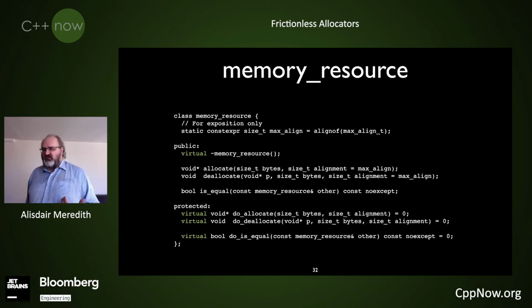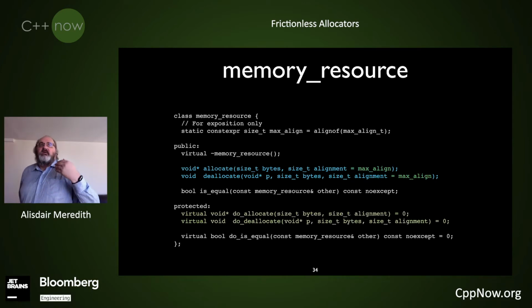There's no funky messing around with, do I have alignment or not? And what happens if I override a function and change the default of the alignment? We don't get into that. Just having these straight public functions makes life simpler. This is the interface the user interacts with, which has the non-public virtual function interface. The virtual interface is not public, the public interface is non-virtual.